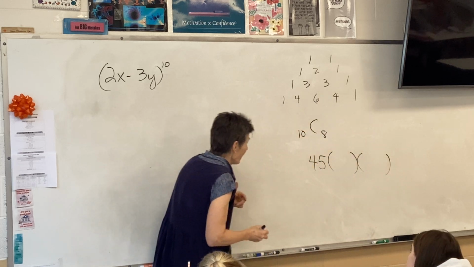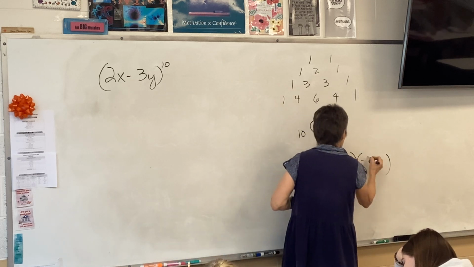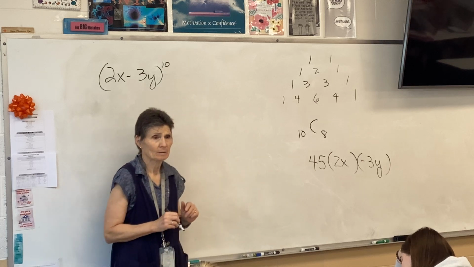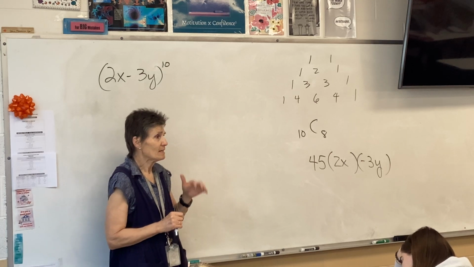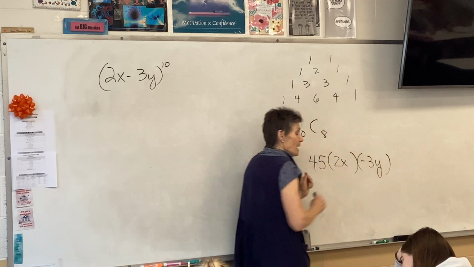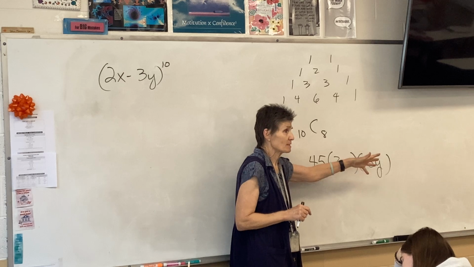Next to the 45 will be a 2x and a negative 3y. Now remember, if I did the whole expansion, I'd have a whole bunch of these, right? And at this point, I would be putting on my exponents.